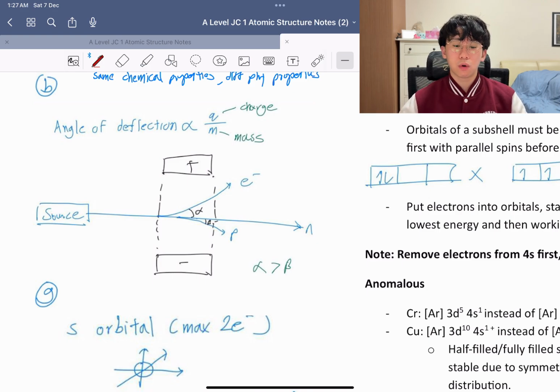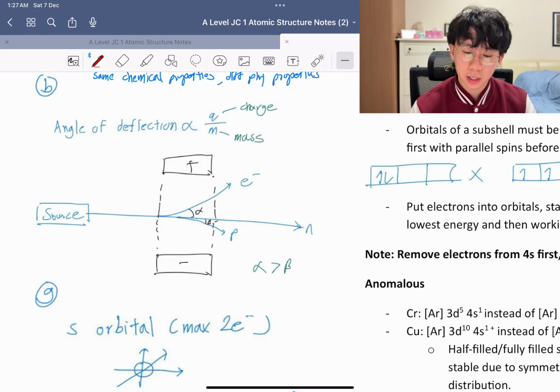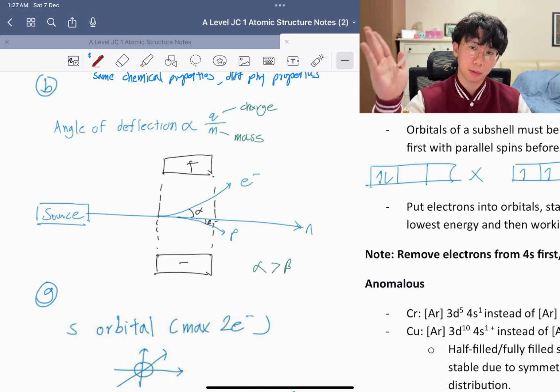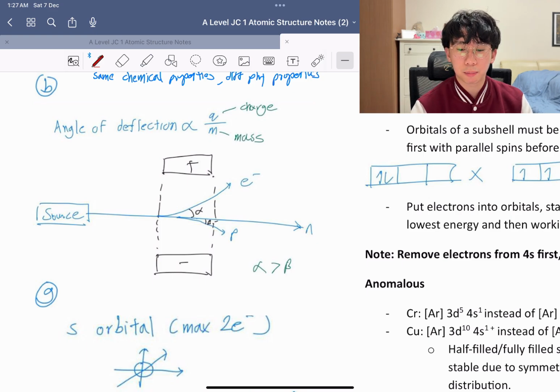So how you can think of it is, when it is charged, it will go towards the opposite charge direction. For example, here we have an electron, and the electron is negatively charged, so it will go towards the positive charge. And then we also have a proton, and the proton is positively charged, so it will go to the negatively charged.